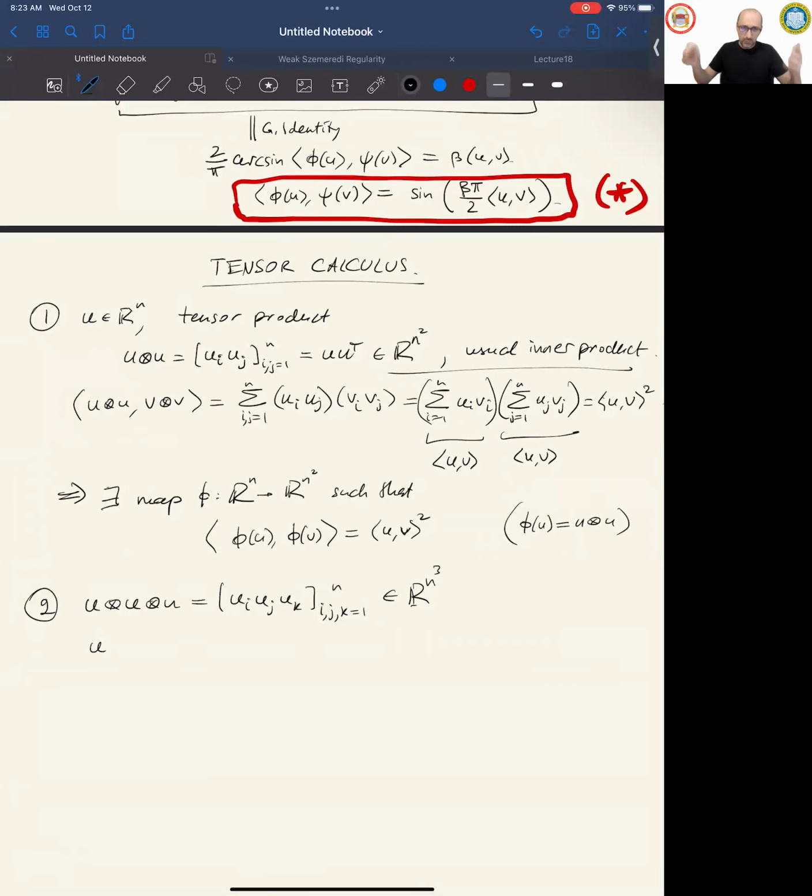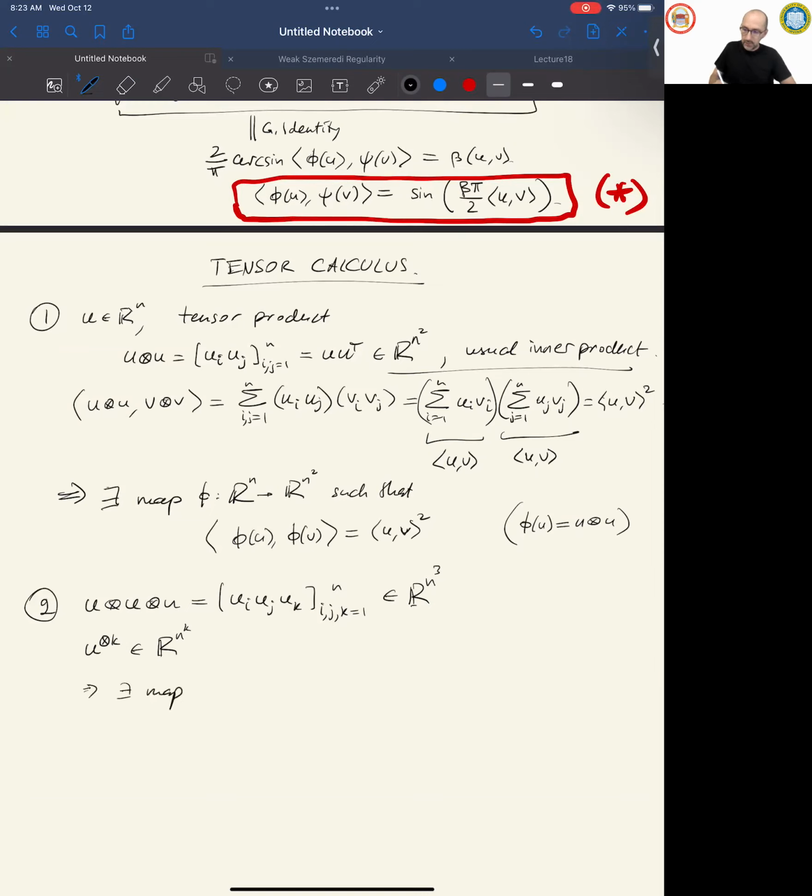And then we can keep going. You can take the 4th power and the 5th power, and in general notation, the tensor power k, an n to the k-way array. We do exactly the same as before with the square, and we get the map.